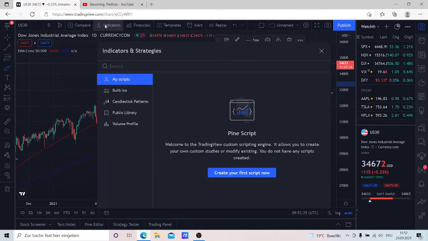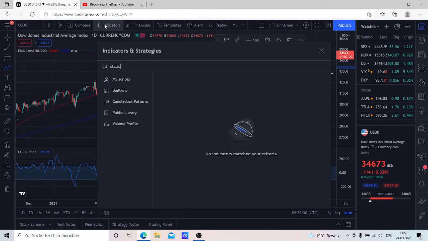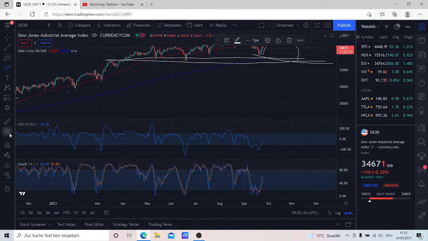Now if we add the CCI, maybe the stochastics, or let's go with the stochastic one now. So here we are kind of going back and forth here in the middle.